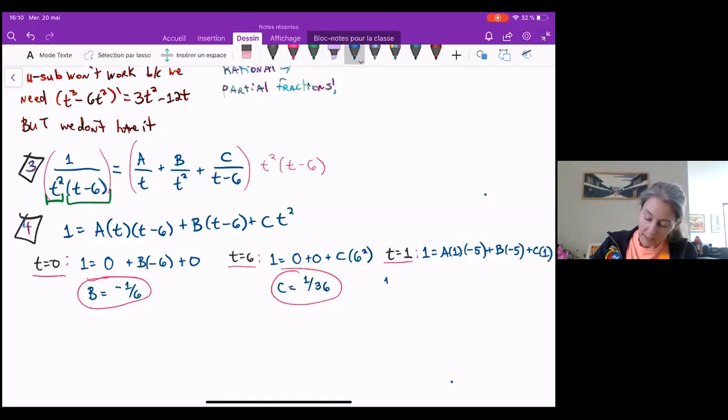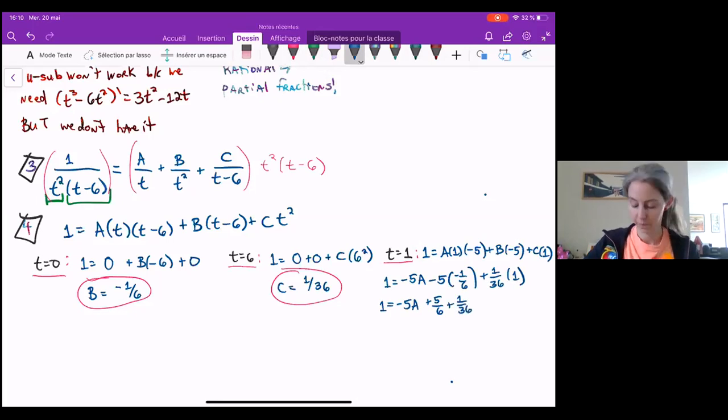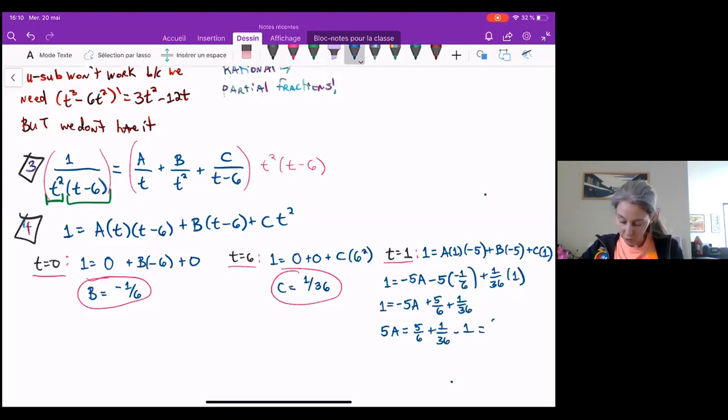So I get that 1 is equal to -5A minus 5, well, I know B is -1/6, so times -1/6 plus C, so that's plus 1/36 times 1. So 1 is equal to -5A plus 5/6 plus 1/36. So 5A, adding 5A to both sides, will be 5/6 plus 1/36 minus 1, which is 31 minus 36.